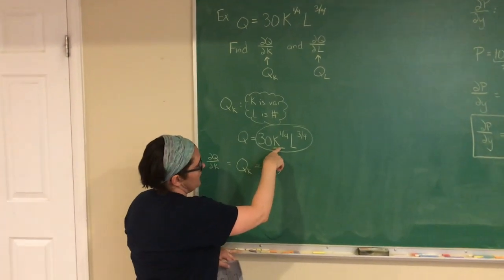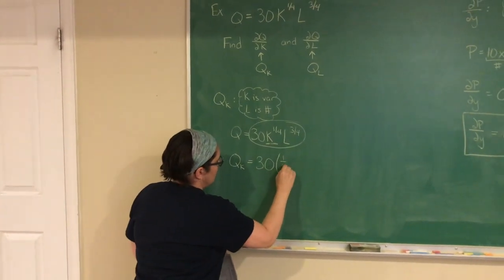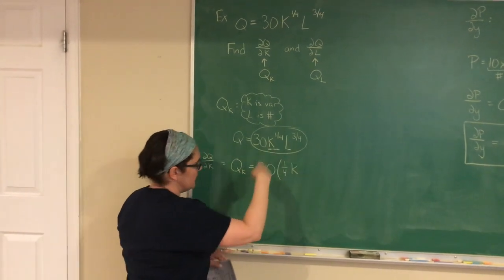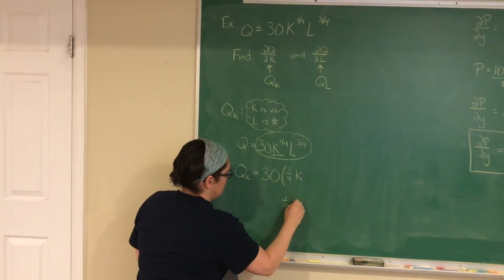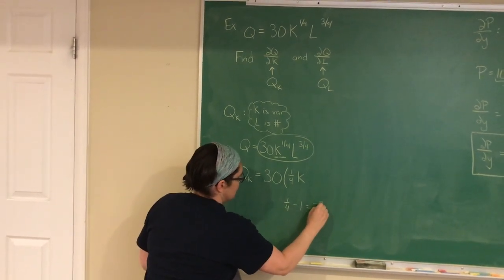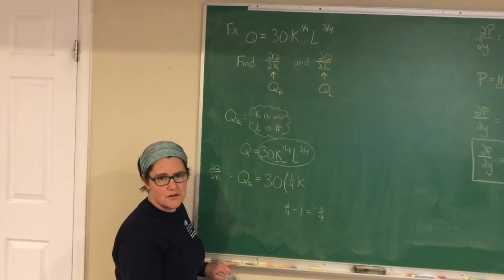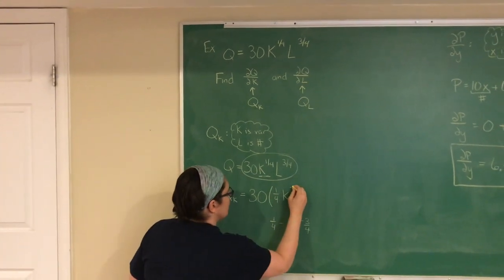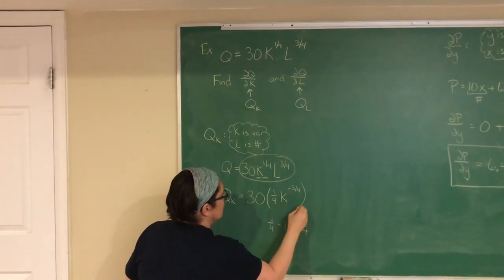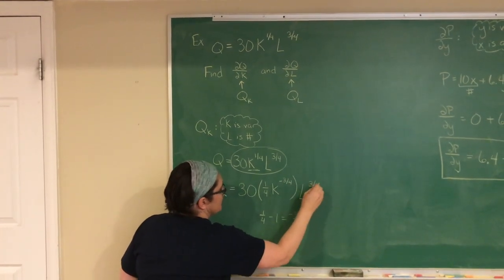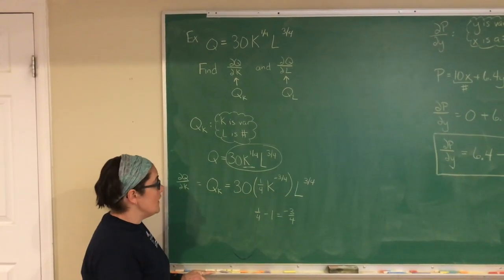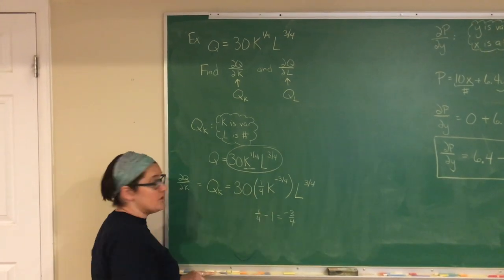The derivative of K to the 1/4 will be 1/4 K, so I brought the number down in front. I subtract 1 from the power. 1/4 minus 1 is negative 3/4, which you can check on your calculator. So I have K to the negative 3/4. And then I carry along this L to the 3/4 at the end. And so this is a legitimate final answer.